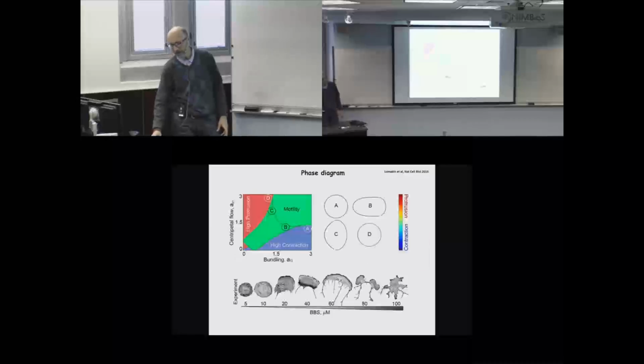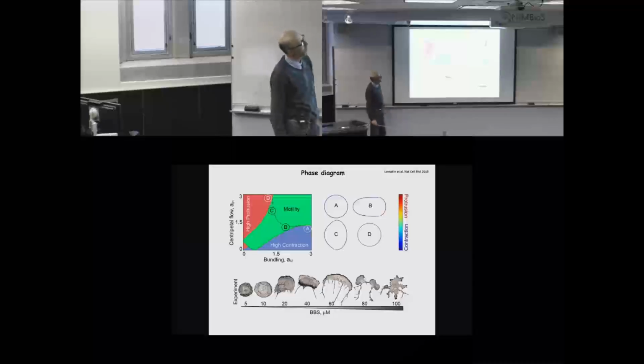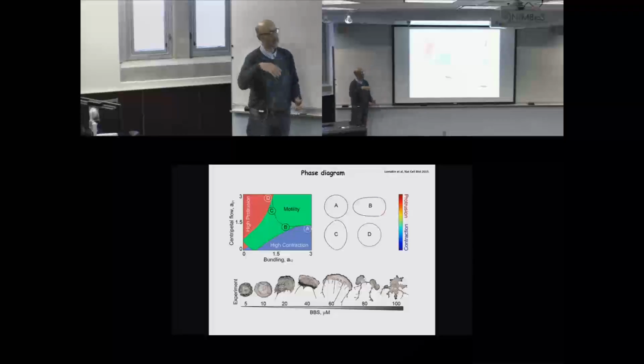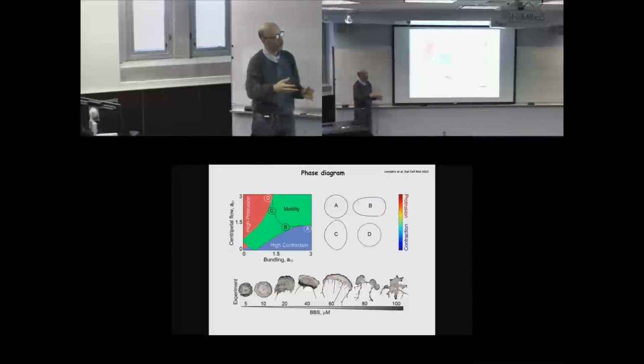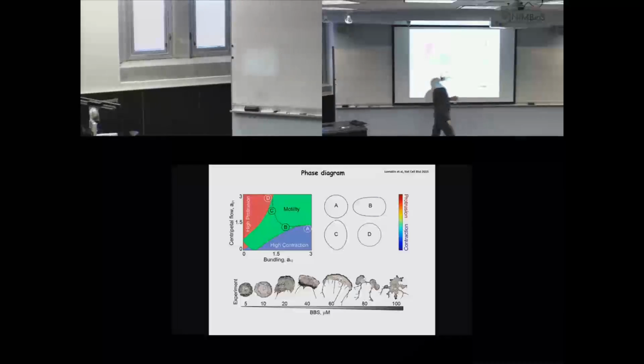However, the model makes two rather non-trivial predictions. One is what happens when we start varying myosin strength. In the model, the higher the myosin, the more bundles are advantaged. And it turns out that polarization is predicted for intermediate strength of myosin. For very high myosin and very low myosin, there's no polarization.